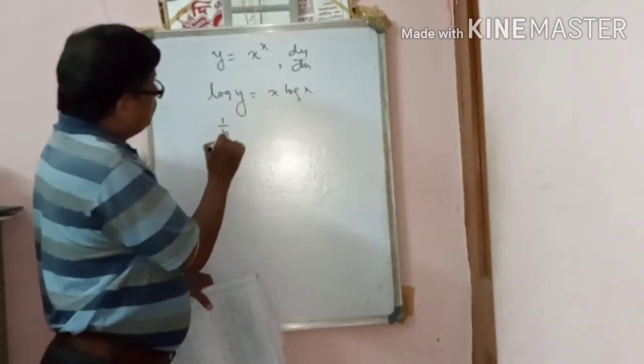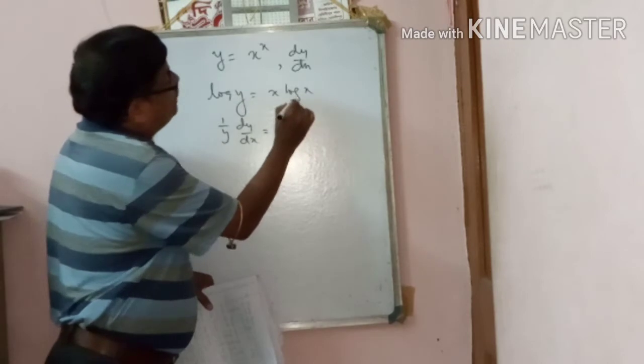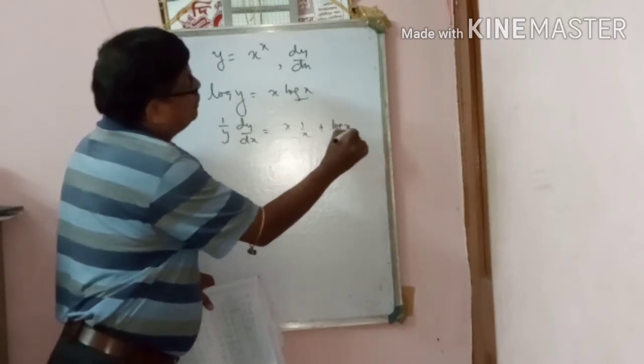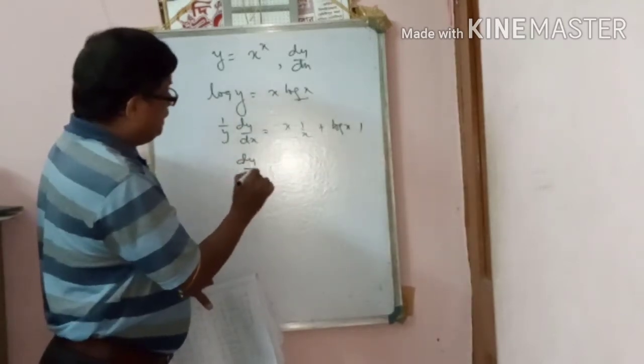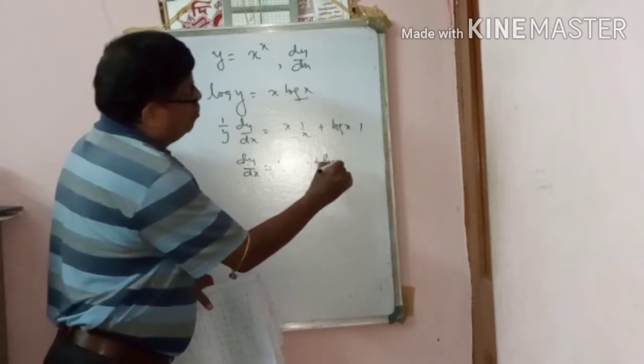So (1/y) dy/dx equals x into d/dx of log x, which is 1/x, plus log x into d/dx of x, which is 1. This is the product rule. So dy/dx equals y into (1 plus log x).